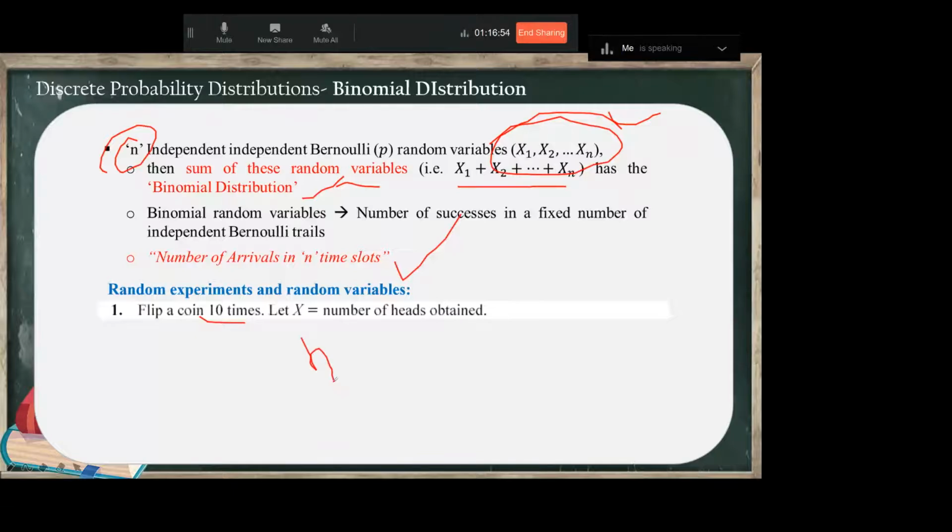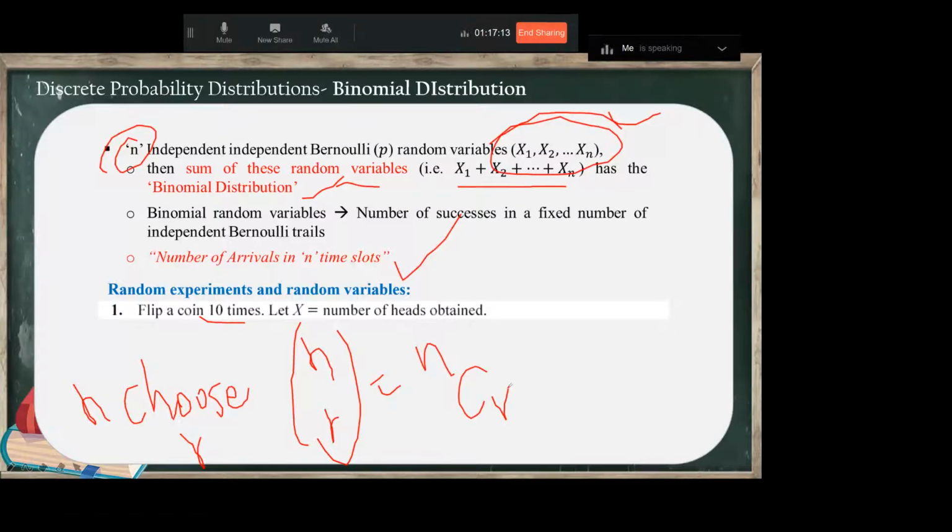So n combination of r means n choose r. Here in our case, n choose x, right? It's a combination. How to solve it? It's also known as nCr. So how many possible combinations? It can be given as n factorial upon r factorial and (n minus r) factorial. So what is n factorial?